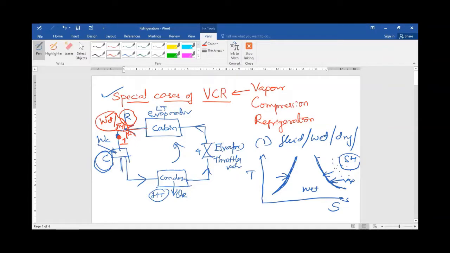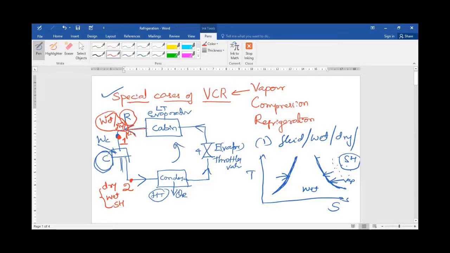If he has not given the inlet condition, there will be chances of him giving the outlet condition. Point number 2 means the end of compression, whether the refrigerant is dry, wet, or in the superheated state. Out of the three, he must give any one compulsorily.